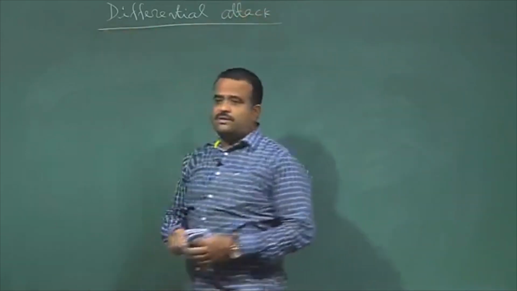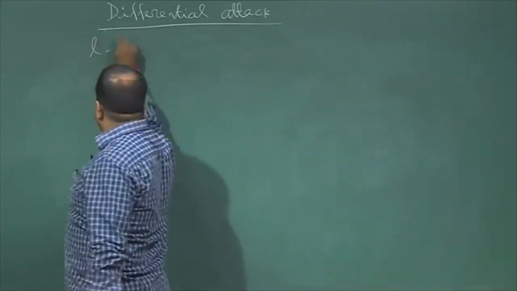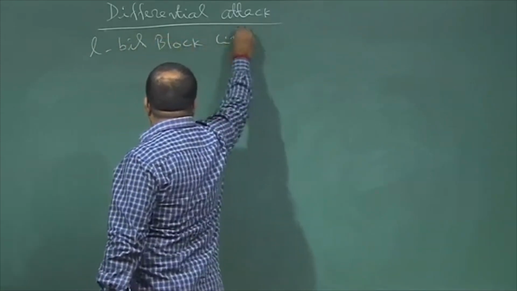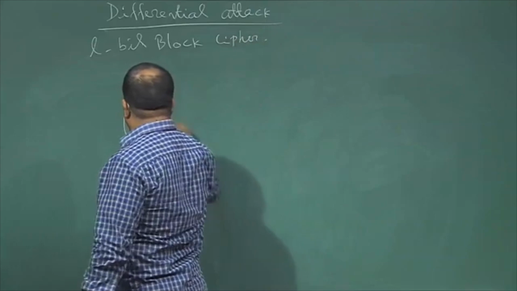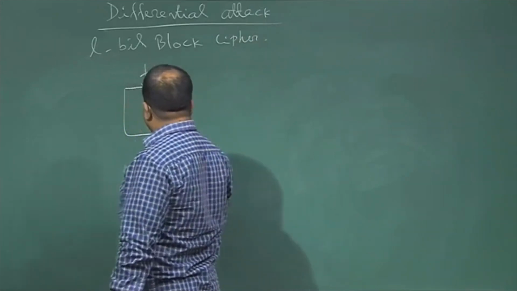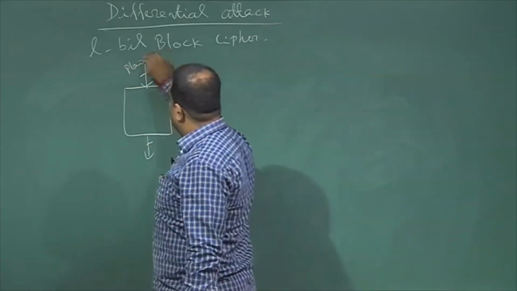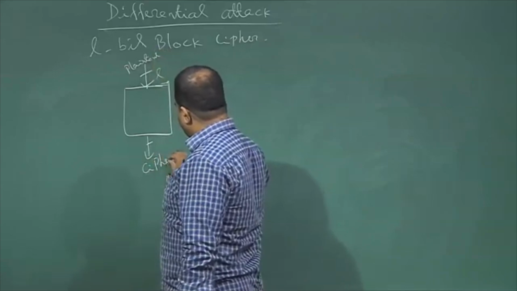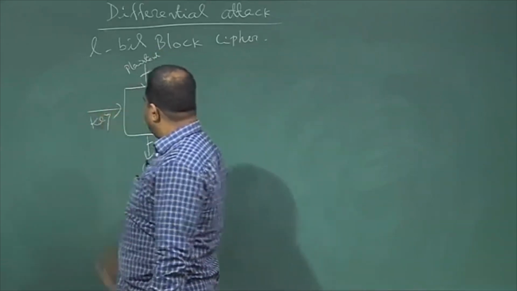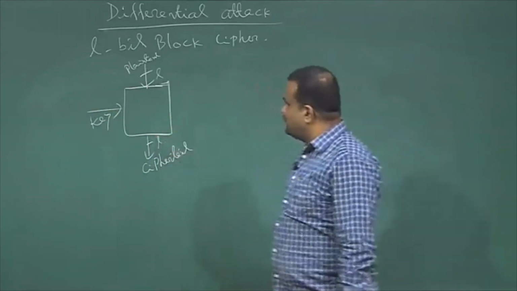So let us just recall what a block cipher is. An L-bit block cipher is basically a function which takes an L-bit input, the plain text, and produces the ciphertext, and it takes the secret key k. This is the encryption, and decryption is the other way around.